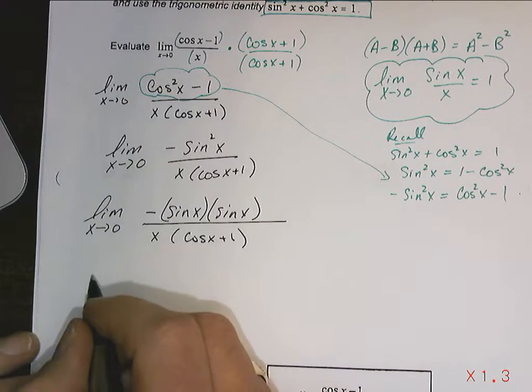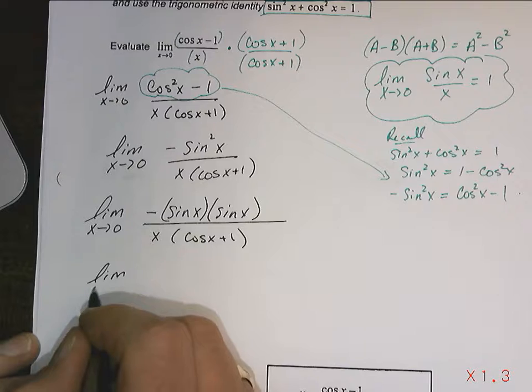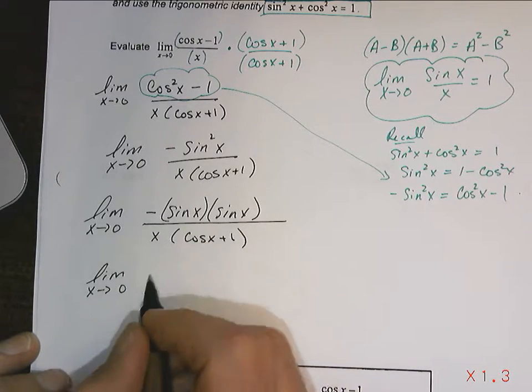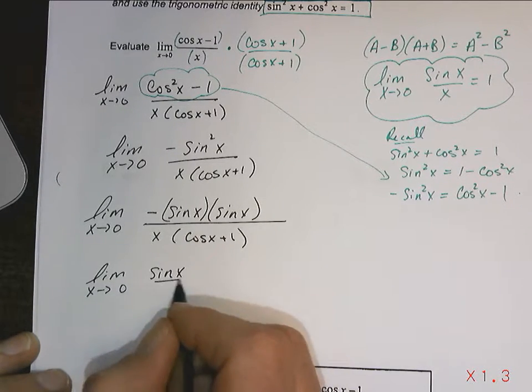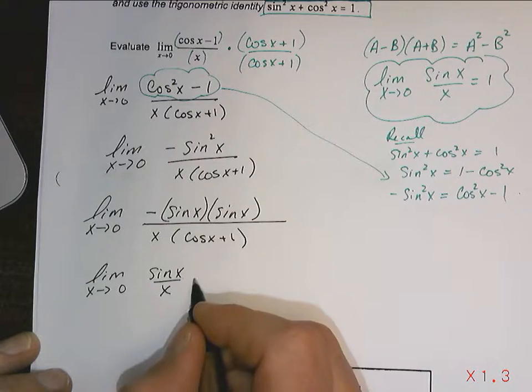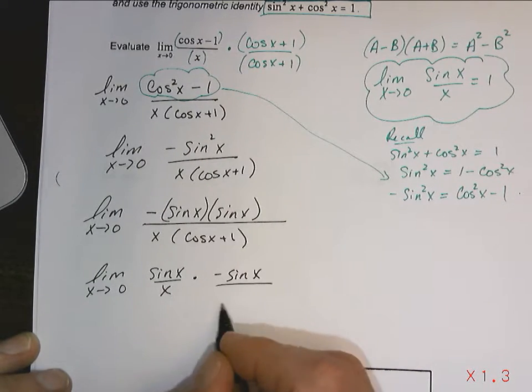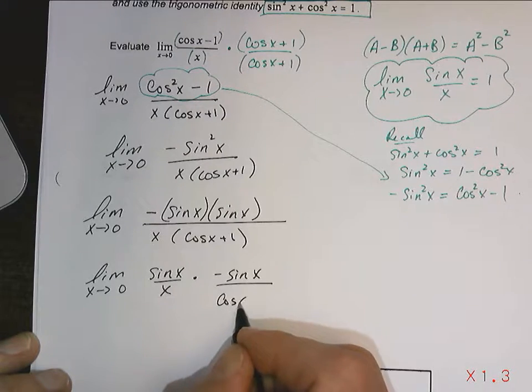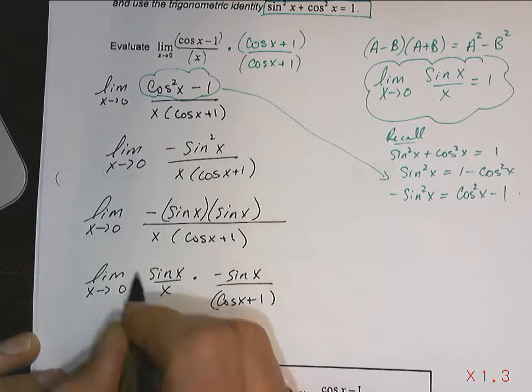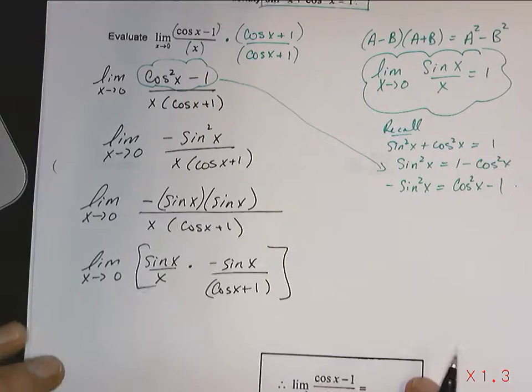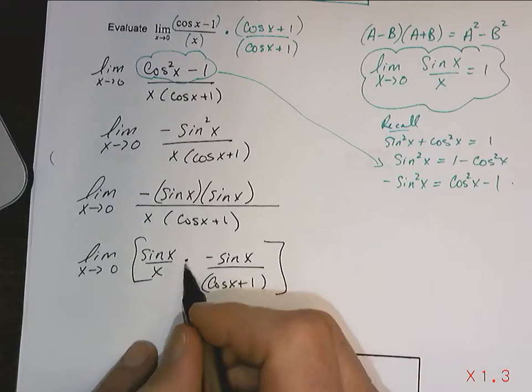So what we're going to do is the limit as x approaches 0. I'd really like a sine x over x by itself. I could have a negative sine x, and I'm going to have a cos x plus 1. Now you're going to have to spend some time and look at that and make sure that you understand that I broke this up.